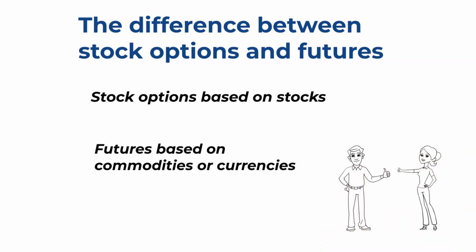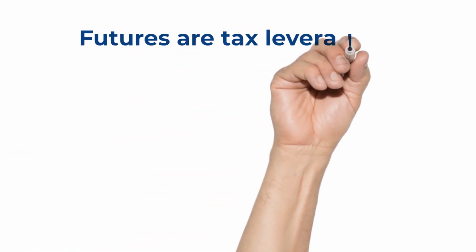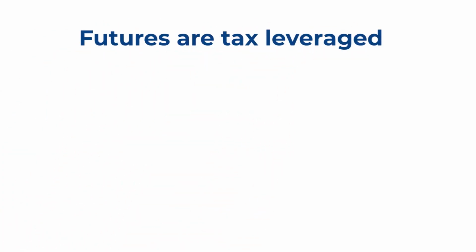Futures contracts are liquid. It's easy to get in and out of contracts without a lot of slippage. Slippage is the difference between the bid and the ask prices, which is money that you're basically giving away every time you buy or sell. Futures contracts are also tax advantaged. What does this mean? There are long-term and short-term capital gains for stocks and stock options.